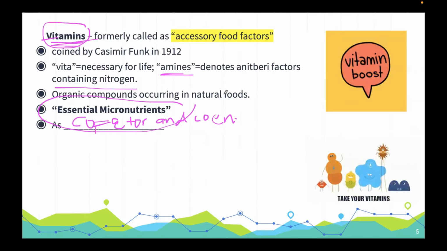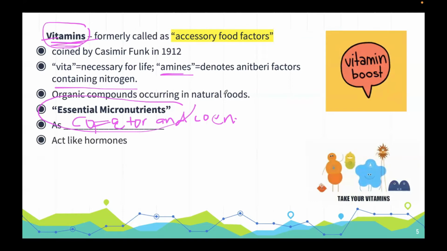Okay, yung mga vitamins po natin, hindi po sila kagaya ng mga enzymes natin that directly catalyze yung mga different metabolic functions. However, they help in the process of the metabolic functions. They do not directly cause the catalysis or whatsoever. Okay? Helper molecules lang sila.